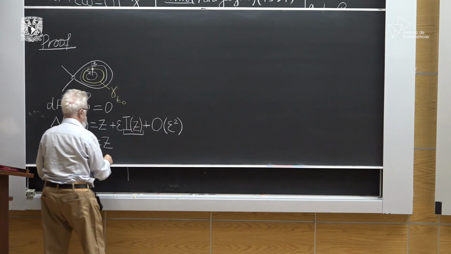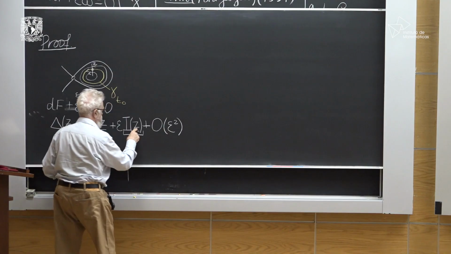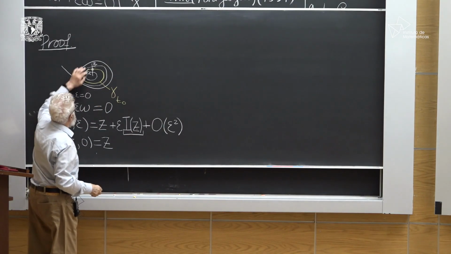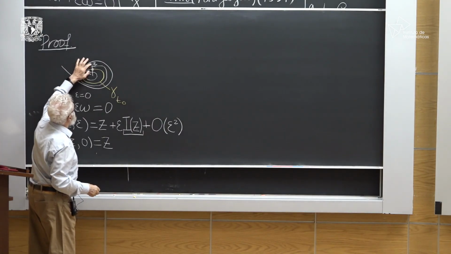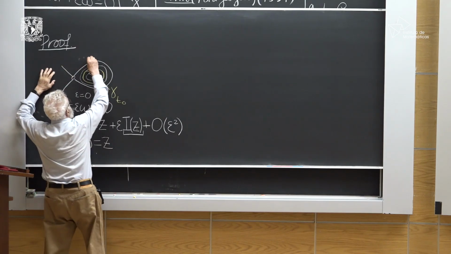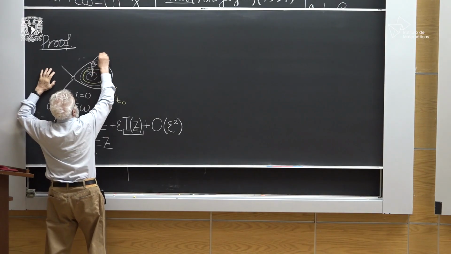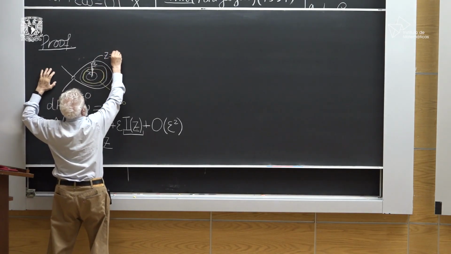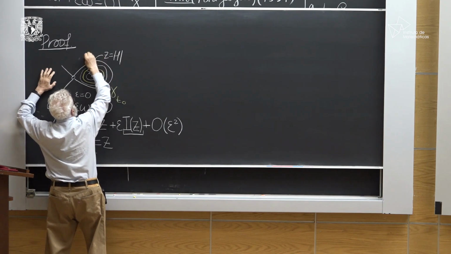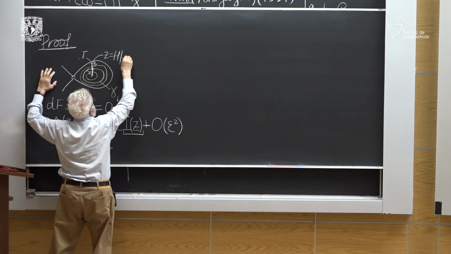Now I replace t by z, and let us think that we choose not the original coordinate of this cross section, but this z equals just H restricted to this cross section.